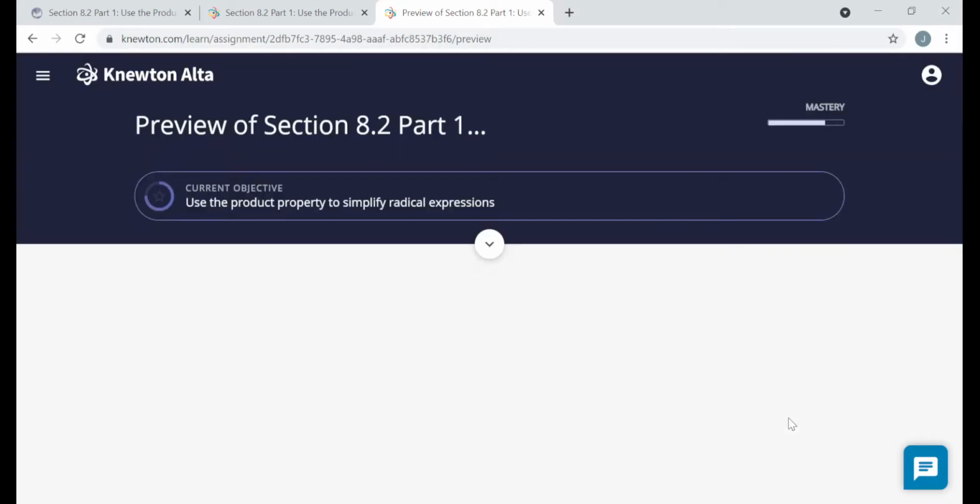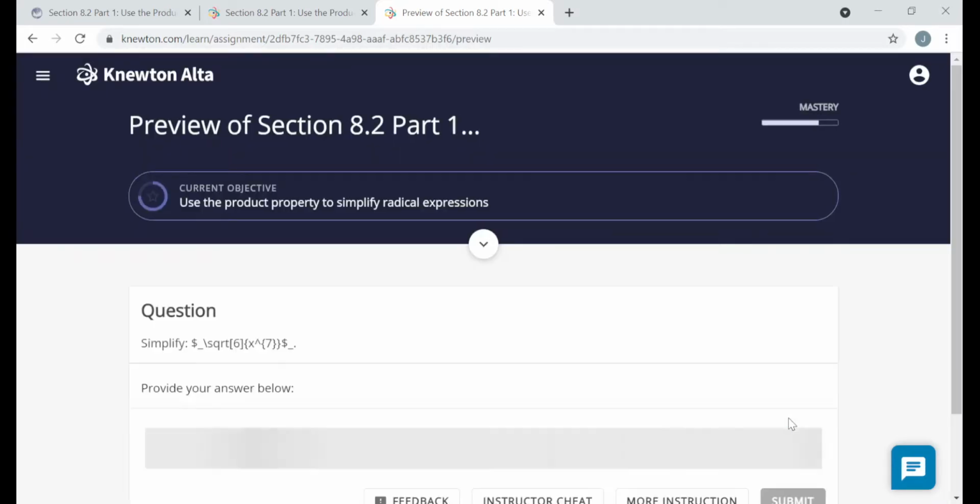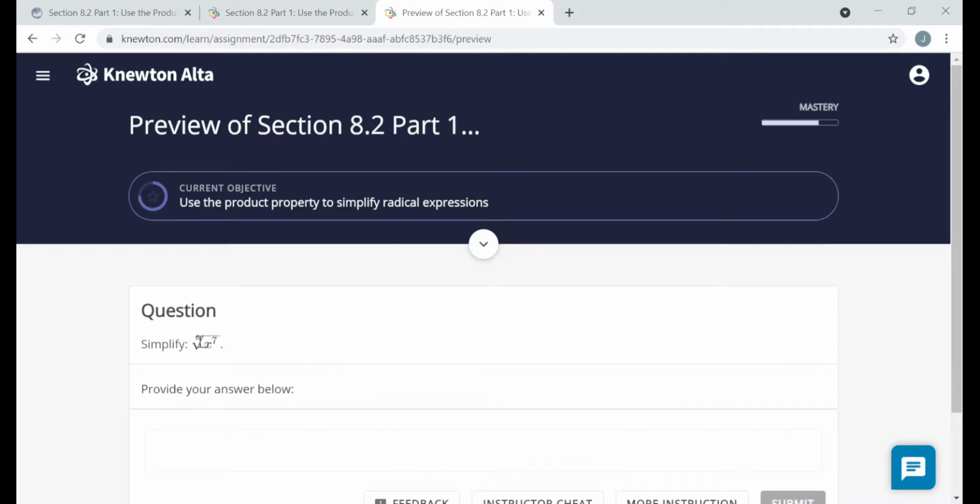All right, and I should have just one more here. All right, so it looks like another, oh, this time it's a sixth root. Now I know that every question in this video has had an even root. So I needed absolute value symbols. I needed to ensure that the final result was not negative.